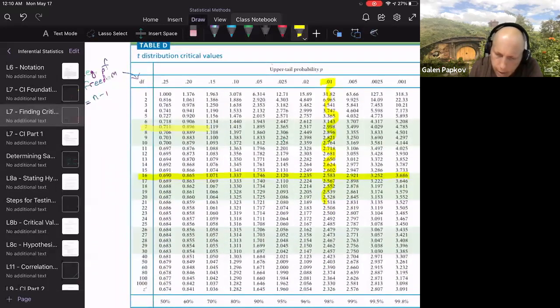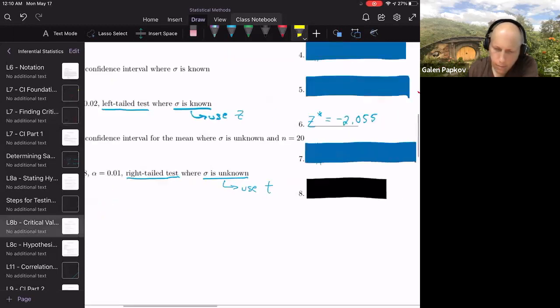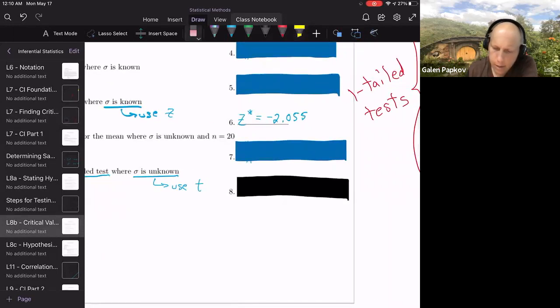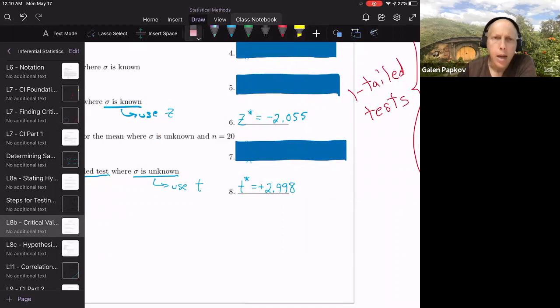Here is 7 degrees of freedom, and 0.01 is there. So I'm seeing 2.998, not the negative side, only the positive side. Positive 2.998. And again, it's positive, not just because that's the value that we got on the table, but because this is a right-tailed test. So I know that the rejection region is going to be on the right-hand side.